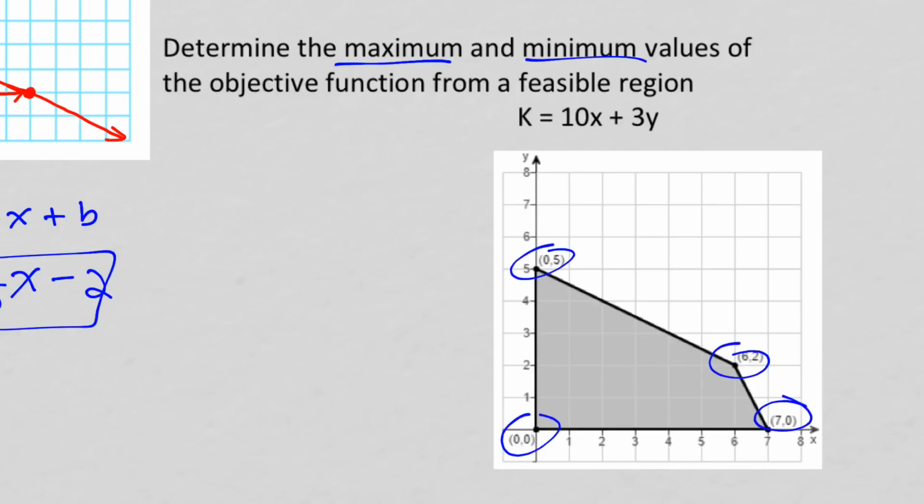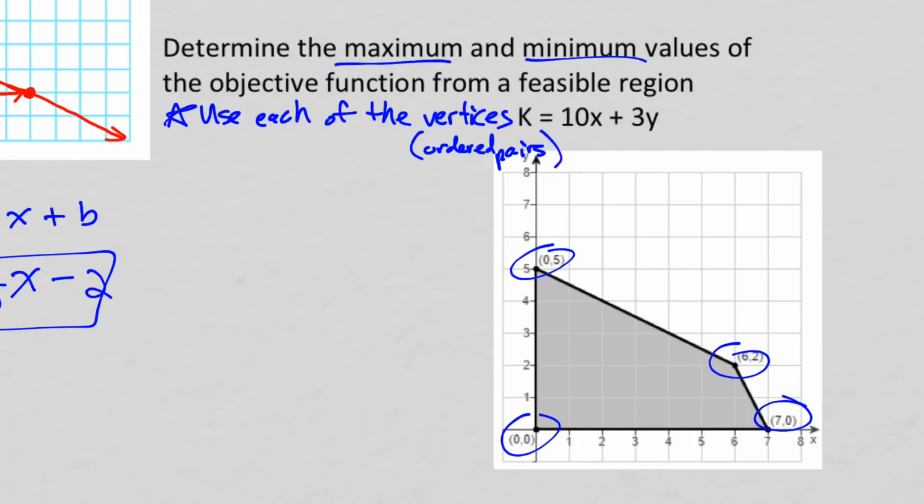And so you have to use each of the vertices, which are ordered pairs. So we're going to use this for the function.